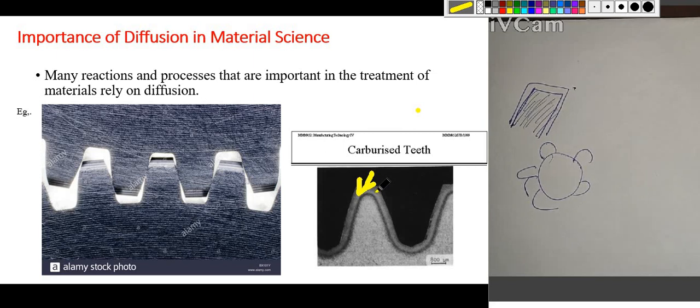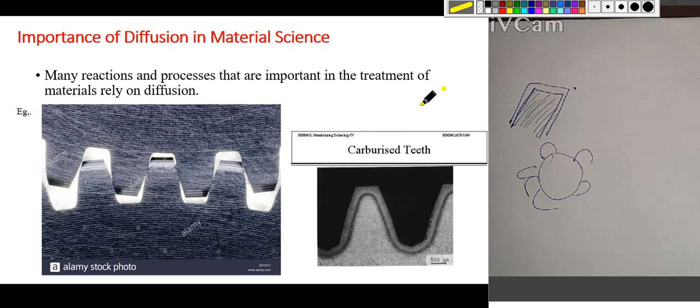That is the importance of the diffusion process. What is the advantage of this application? Here we got a gear with high machinability as well as high wear resistance for the teeth. So this is the advantage of diffusion in the case of a gear.